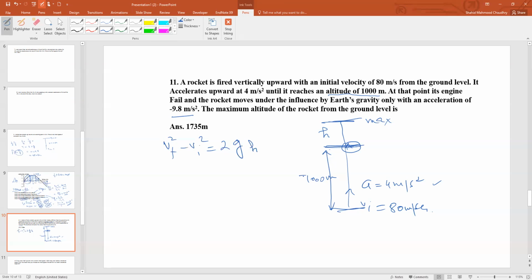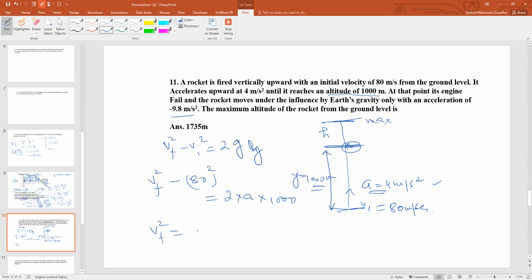H is this distance, I am saying y. So vf square minus vi square, 80 square, is equal to 2 into g. Here g is actually a, into y. Y is 1000.